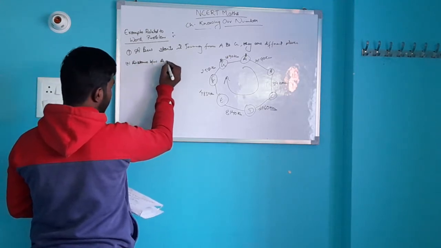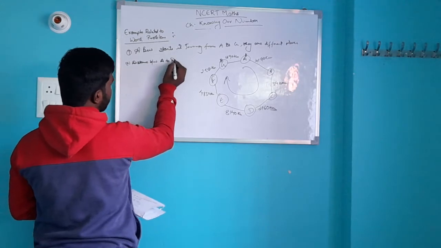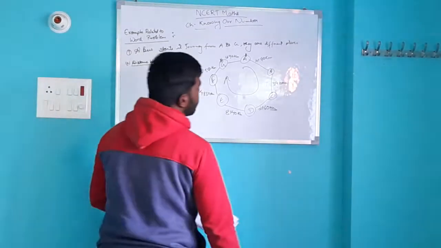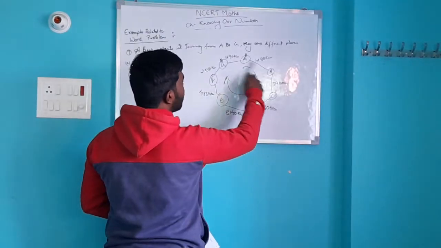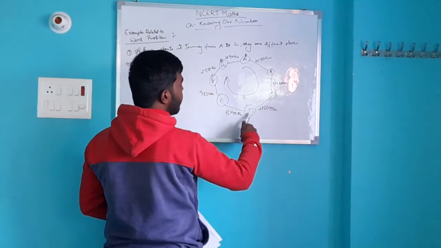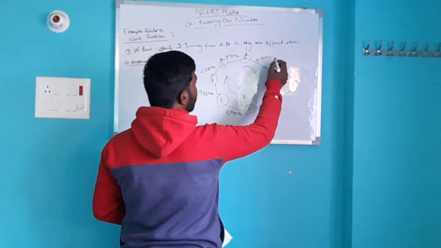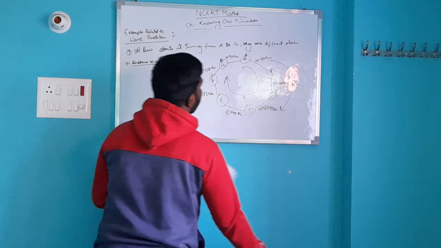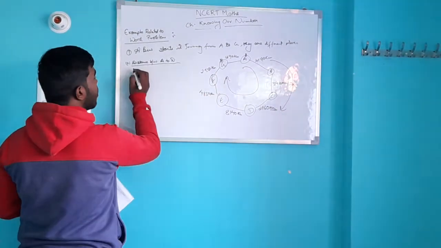So our first question is, we need to find the distance from A to D. We see that the bus covers part B, part C, then moves to part D. So we need to add all three distances, then we get the total distance.